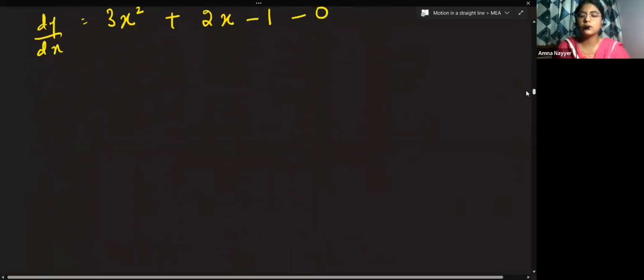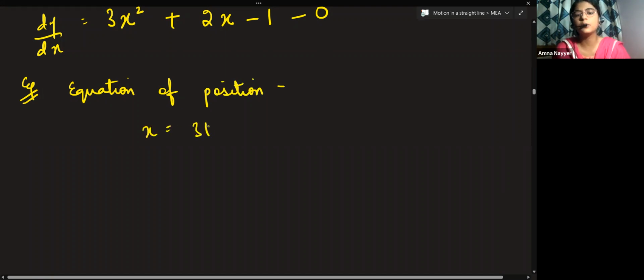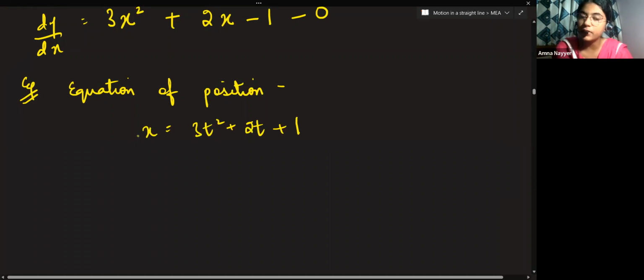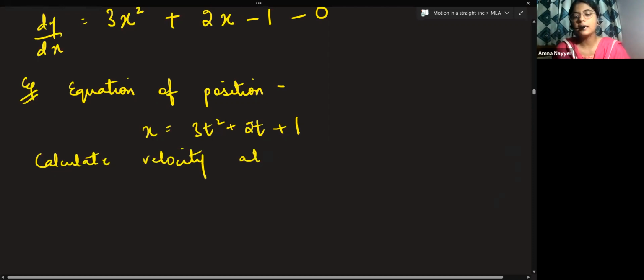Now see, how do questions come in your exam, or how do we utilize this differentiation? For example, if an equation of position is given to you, let's say x is equal to 3t square plus 2t plus 1, and you have to calculate velocity at t is equal to 1 second.